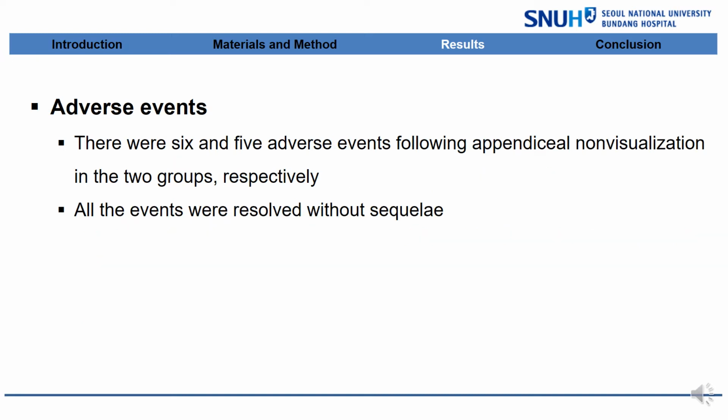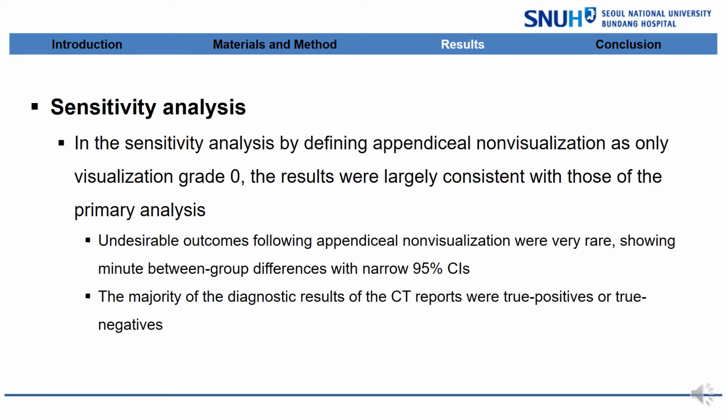There were 6 and 5 adverse events following appendiceal non-visualization in the two groups respectively, and all the events resolved without sequelae. In the sensitivity analysis, defining appendiceal non-visualization as only visualization grade 0, the results were largely consistent with those of the primary analysis.